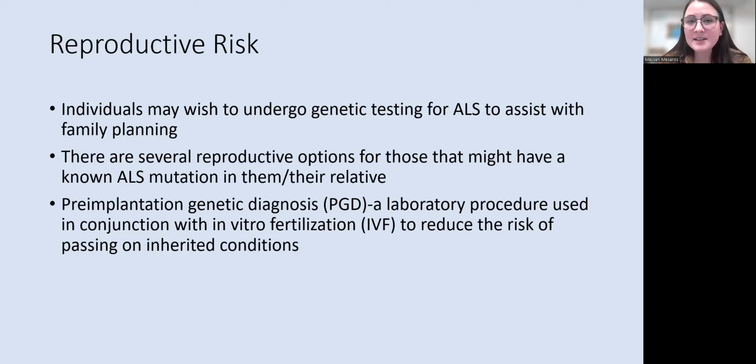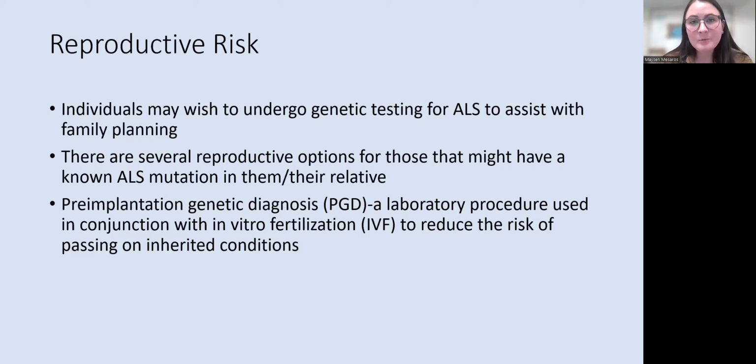But also someone does not need to know their own status. So let's say this patient's father had an SOD1 mutation and she does not want to know herself if she inherited it, but she also wants to make sure that her future children are not affected.